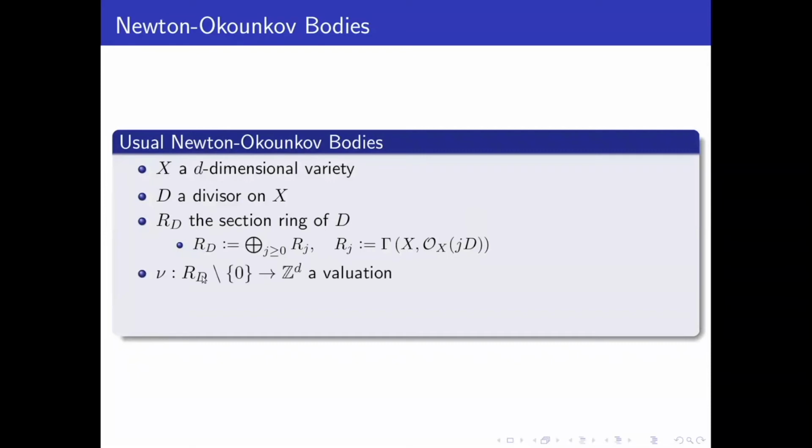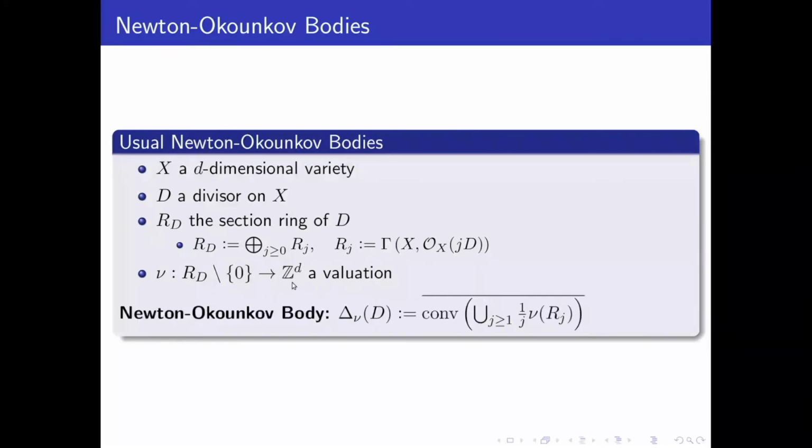So if we have now a valuation from the section ring of D minus 0 to Z to the d, a lattice Z to the d, the usual Newton-Okounkov body is defined in this way.